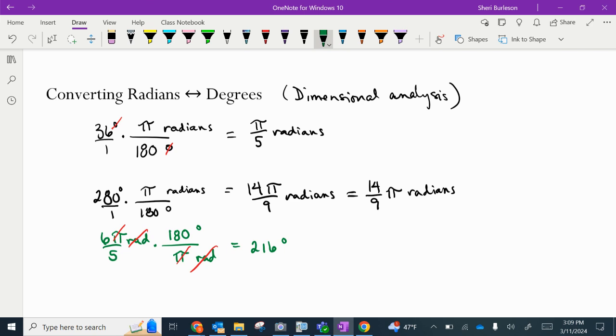Try this one. Do 8 pi over 15 radians. Is that what we got?